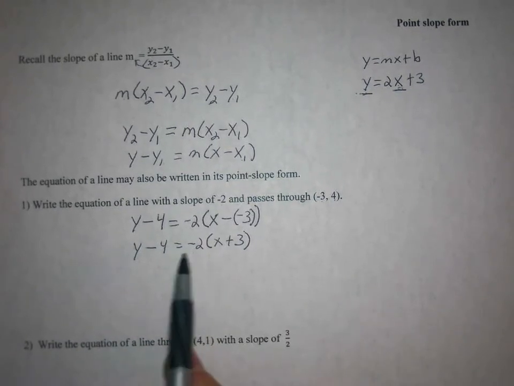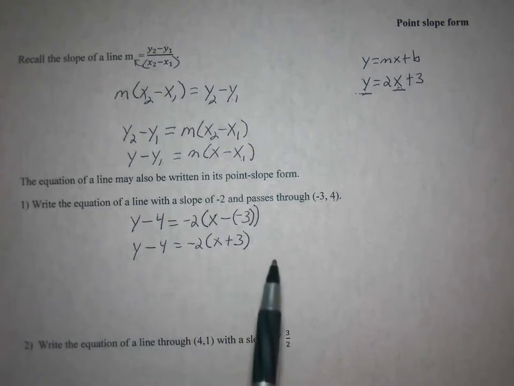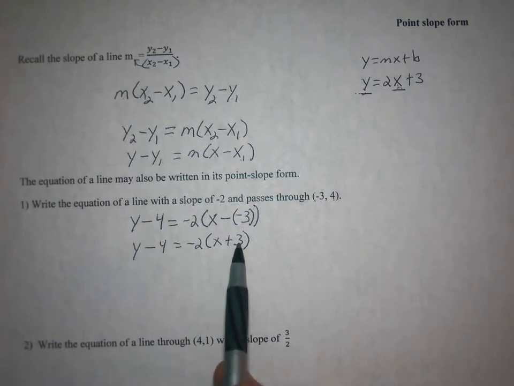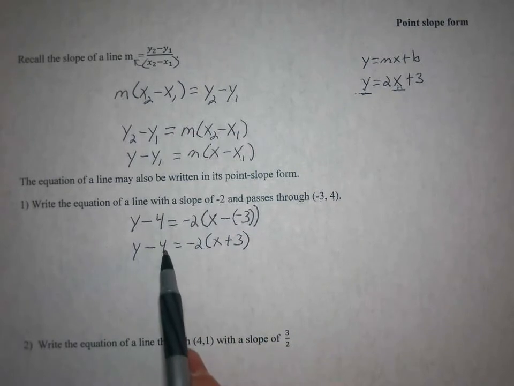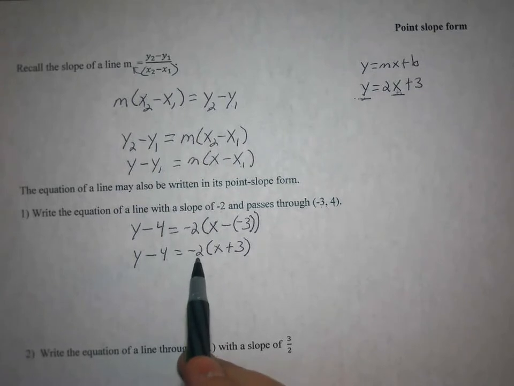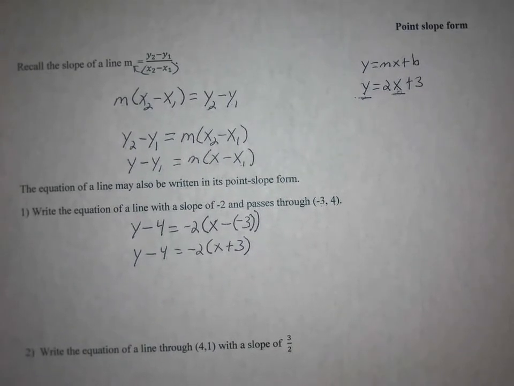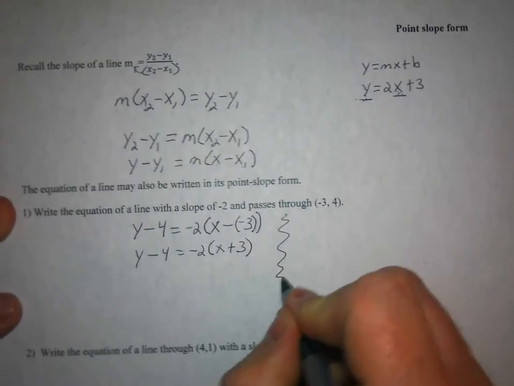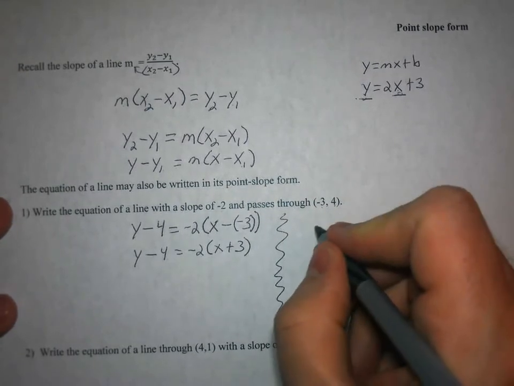So given that equation, it may look more confusing, but we can see that the point negative 3, positive 4 is on the line with a slope of negative 2. If you wanted to clean that up into slope-intercept form, the y equals mx plus b, on the right-hand side over here, I'll just show you that.